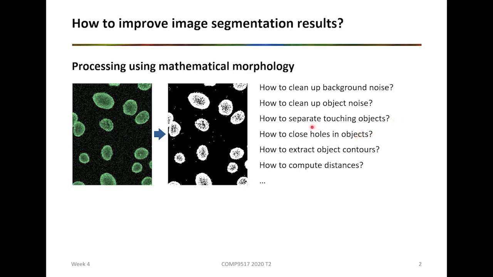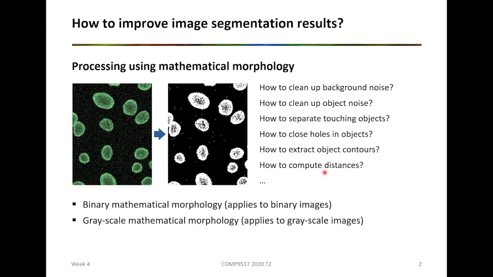And other things like how do you close holes, how do you extract object contours, how do you compute distances in segmented images, for example. This can all be done by clever mathematical morphological operators. There are two branches. The first is binary mathematical operators. That's what we're going to start with. That is for binary images, and that's usually used for post-processing segmentation results.